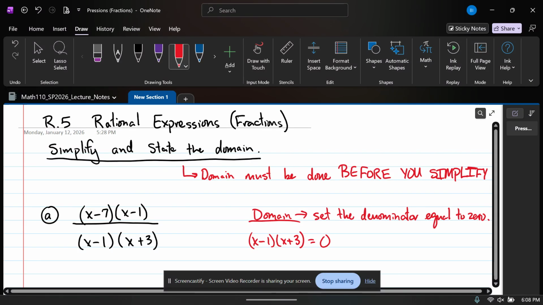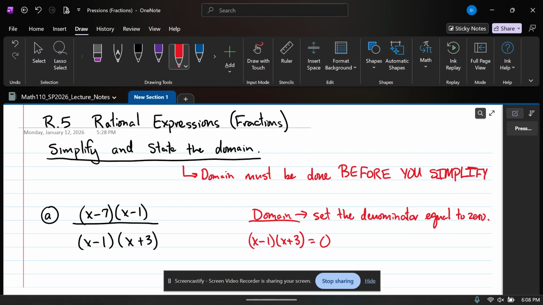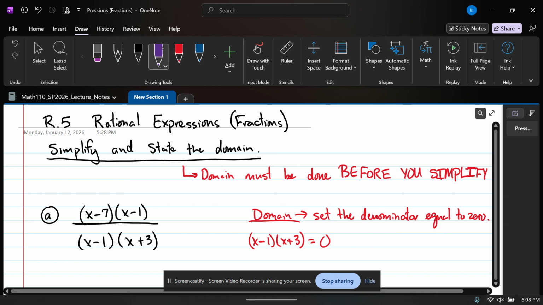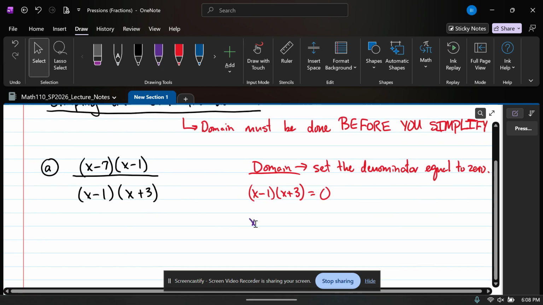Okay. Since this one is already factored, I don't have to do that X method thing or anything like that. It's already been factored for me, so I don't have to do that on this one. I'm ready to solve it. So back in 100, when we were doing these kind of problems, when it was factored and it was set equal to 0, you took each factor and set that factor equal to 0. So I'm going to take the x minus 1 factor, set it equal to 0.